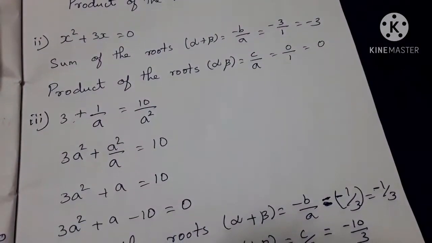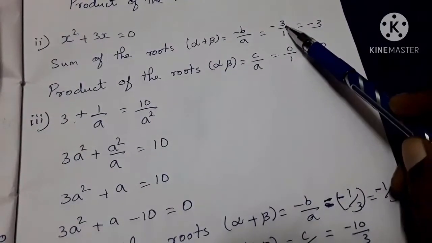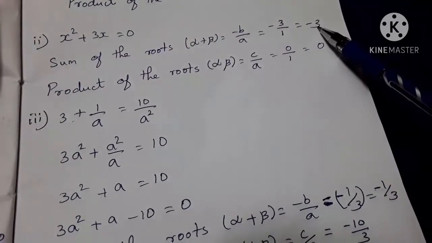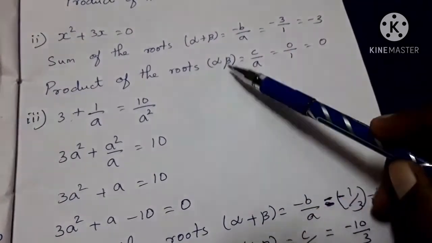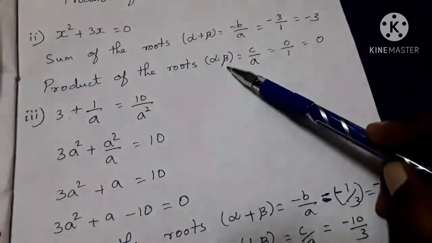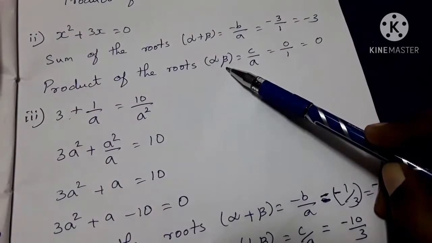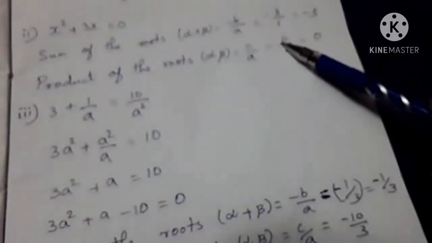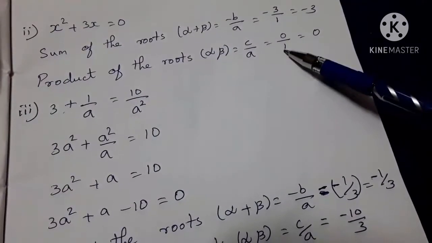Sum of the roots alpha plus beta is equal to minus b by a. B is 3, so minus 3 by 1 is equal to minus 3. Product of the roots alpha beta is equal to c by a. We don't have c, so it becomes 0. So 0 by 1 is equal to 0.